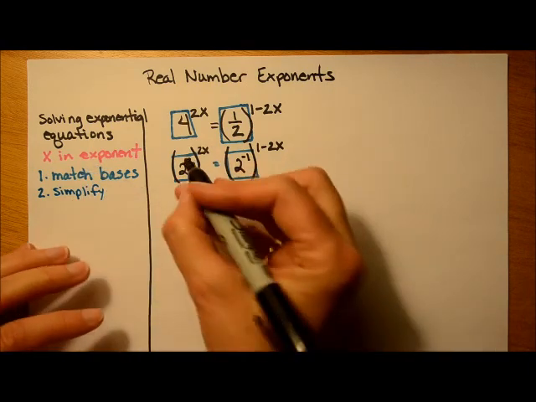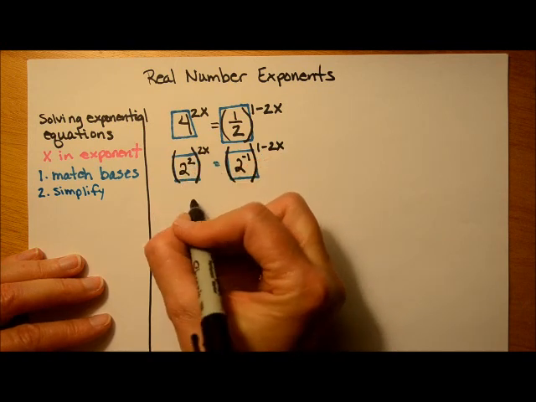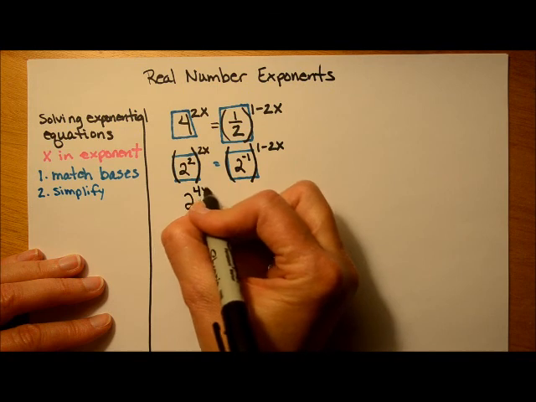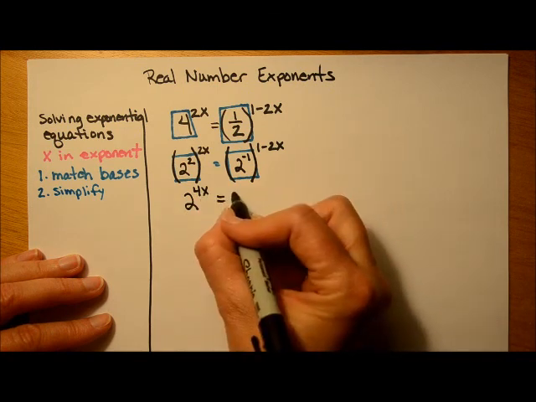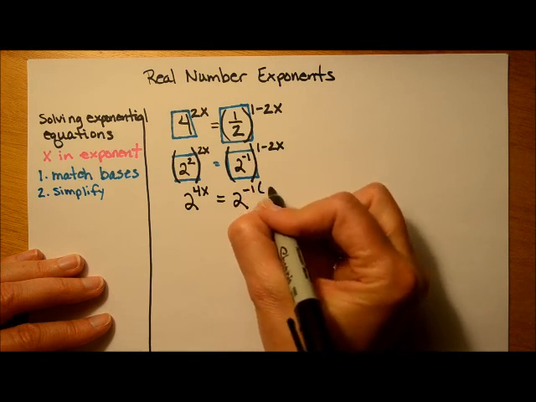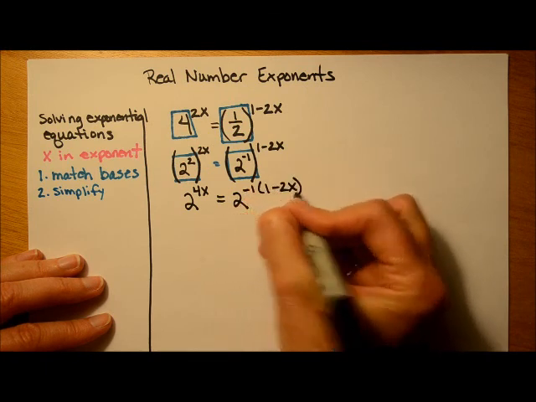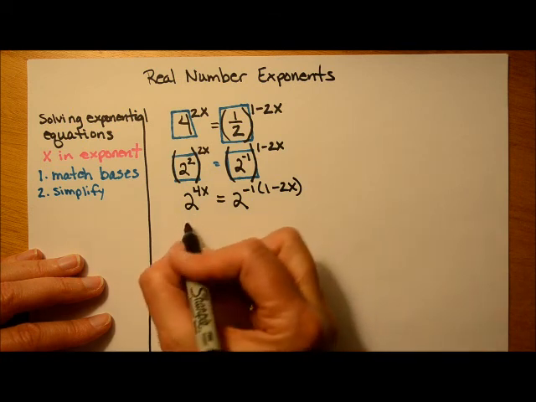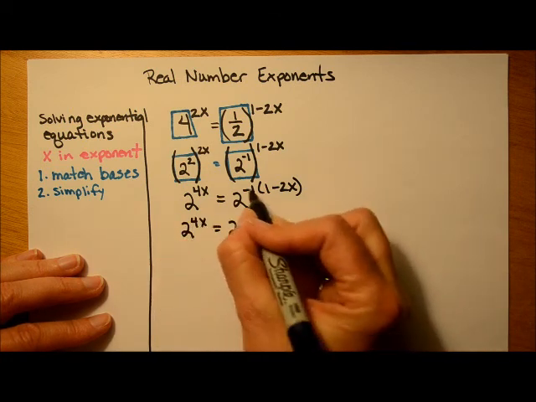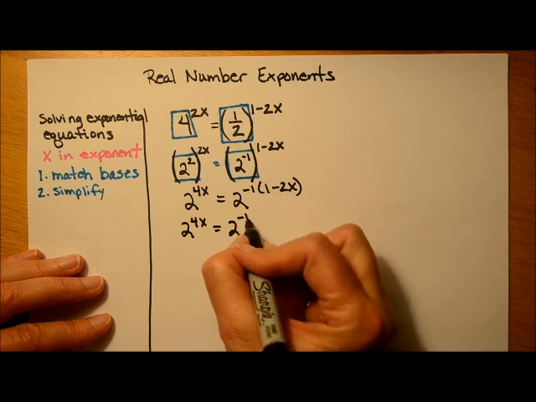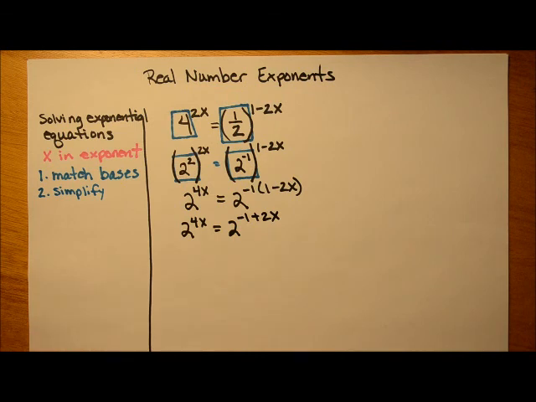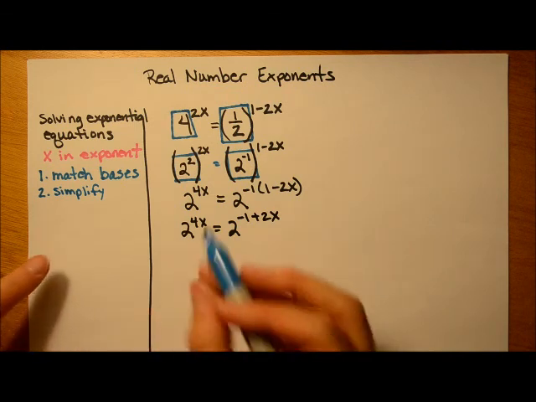Okay, so I'm going to go 2 times 2x. So I have 2 to the 2 times 2x, or 2 to the 4x. Over here what I have is 2 to the negative 1 times that quantity. Or 2 to the 4x equals 2 to the, I'm going to distribute the negative 1, so negative 1 plus 2x.